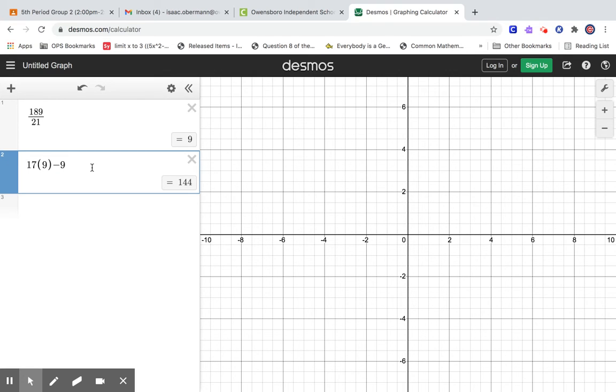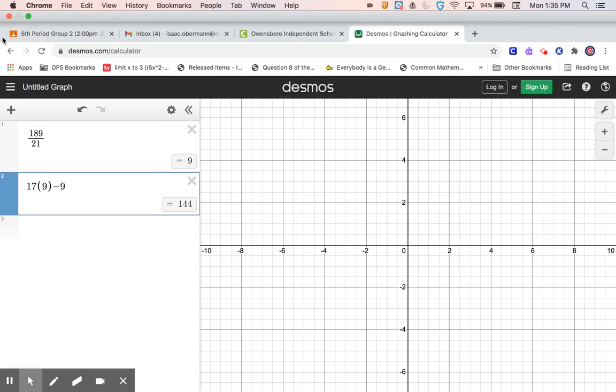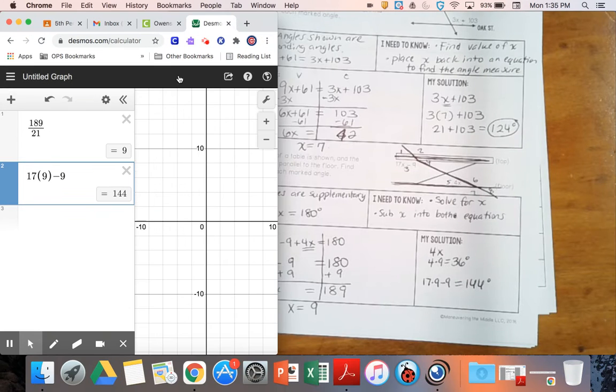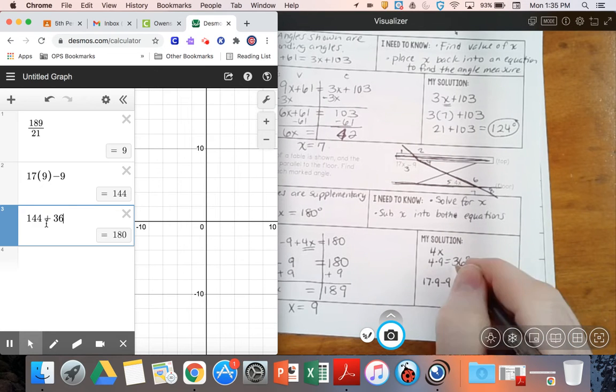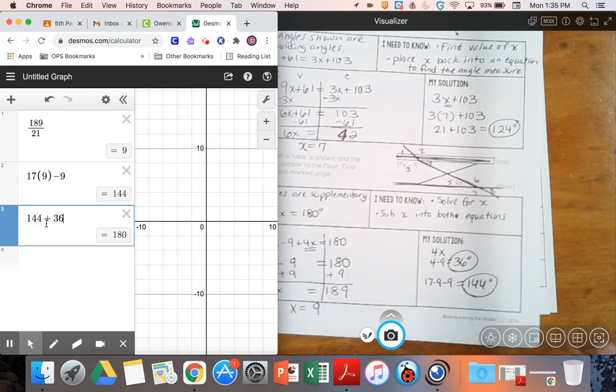There it is. That gives me 144. So I know my two angles now are 36 and 144. And I can check that. 144 plus 36 should give me 180, and it does. So there are my two angles right there.